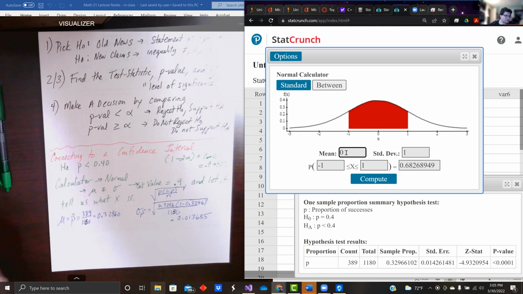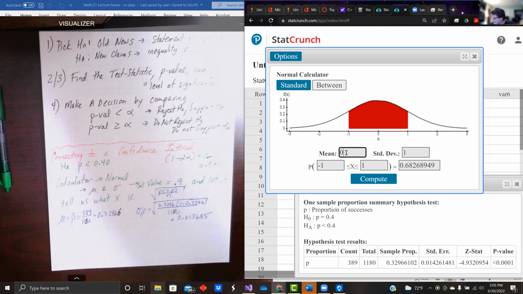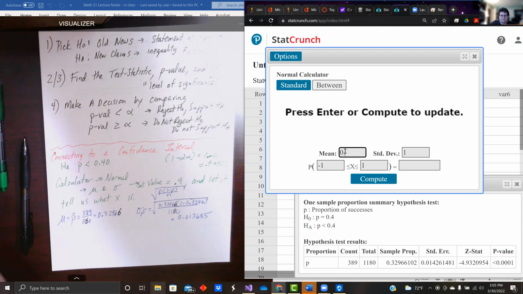I got 0.32966. My bad. And now that I look at what I wrote, I actually did write that. So I'll put that in. 0.32966. I'm using a lot of decimal places for some accuracy here.